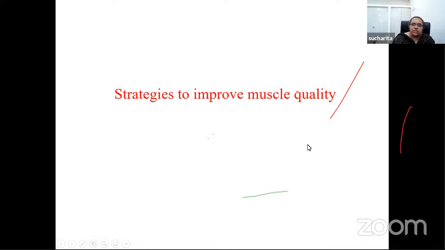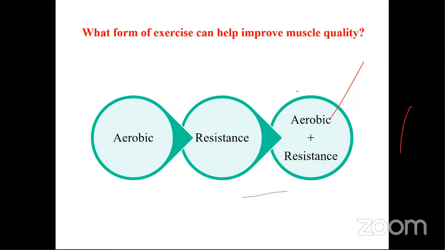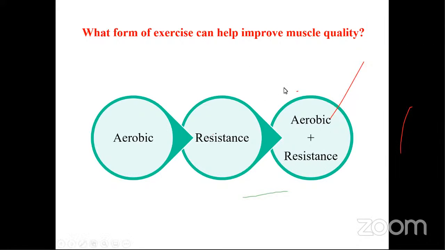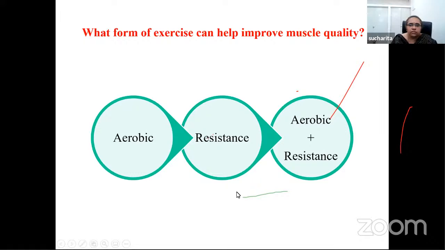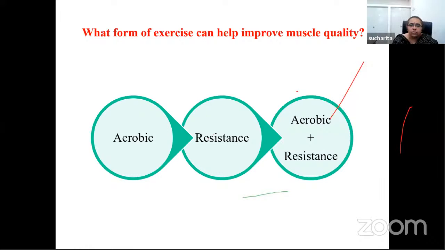So what are the different strategies we could adopt in order to improve muscle quality? The first question you might ask is about exercise, and what form of exercise can help improve muscle quality. It could be aerobic, resistance, or aerobic and resistance. So you could ask a person to perform only aerobic, or only resistance, or a combination of the two.